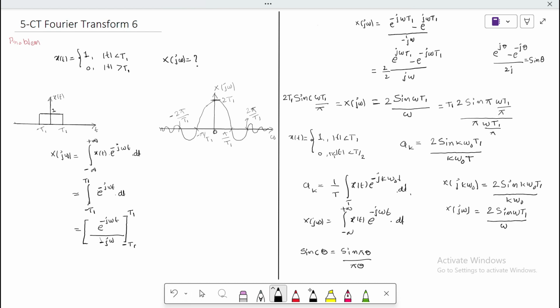So you should remember the rectangular pulse Fourier transform gives the sinc function. This is the continuous time Fourier transform. This is the rectangular pulse, and this is called the sinc function.